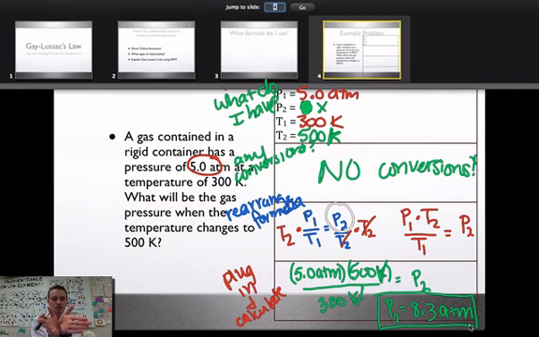Three seconds to answer. If my temperature increases, then my pressure should also increase. My initial pressure was 5 atmospheres and my final pressure is 8.3 atmospheres. It increased, so my answer makes sense. You can think of the fifth step as, does my answer make sense? Yes, your answer makes perfect sense.